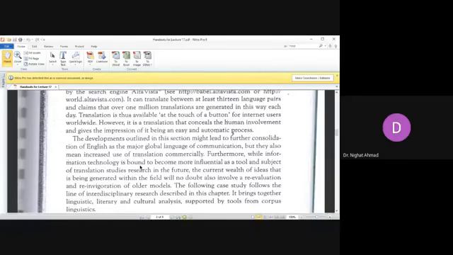Furthermore, information technology is bound to become more influential as a tool and subject of translation studies research in future. And the current wealth of ideas being generated within the field will no doubt involve the re-evaluation and revision of older models.